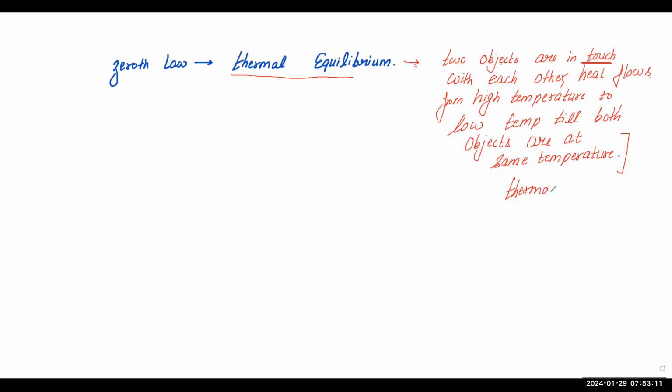Systems are in thermal equilibrium. Two objects means two systems. Systems are in thermal equilibrium when their final temperature is the same. Thermal equilibrium means final temperature is the same.